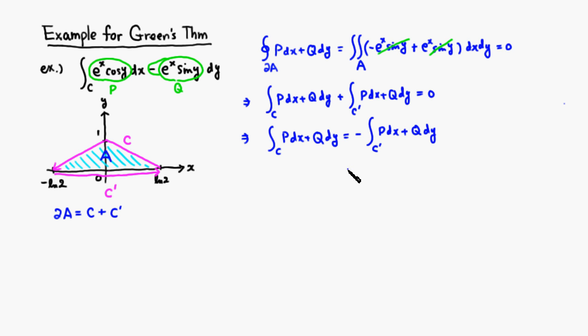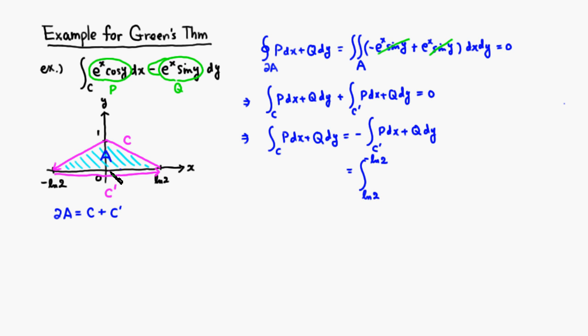Since it's negative, C prime would go from negative natural log of 2 to positive natural log of 2. I'm going to incorporate this negative sign to go backward, so this is an integral from positive natural log of 2 to negative natural log of 2.